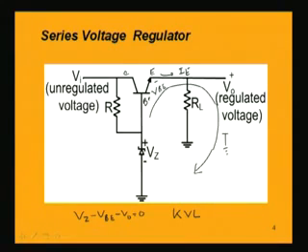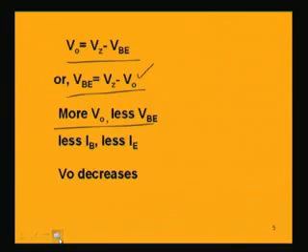So if the load current decreases, then V naught will decrease and be brought back to the earlier value. That means V naught will be kept constant. Even though V naught is increasing, ultimately by this regulator circuit it is brought back.